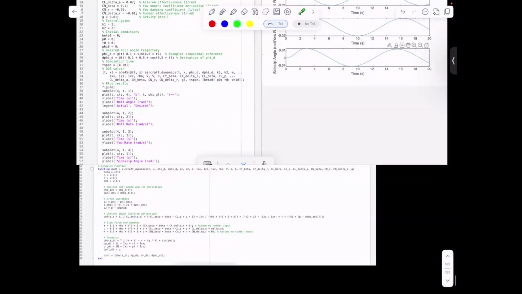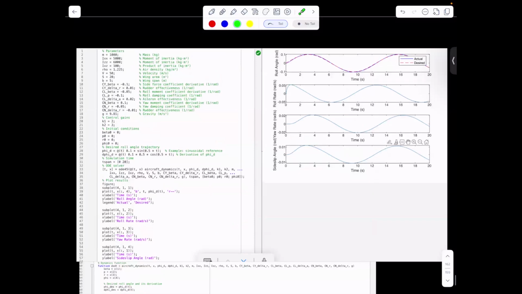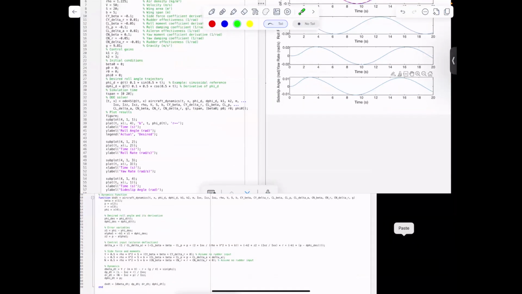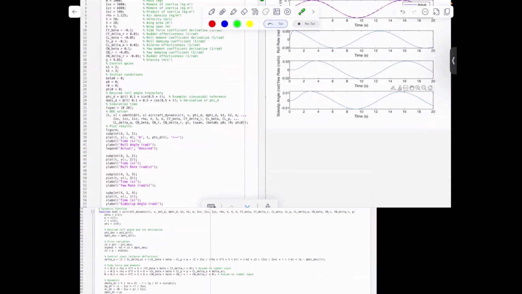So this is how we can design the backstepping control for this system. But this is continuous code. Don't worry, since it is difficult to capture in one window, I have taken it differently. If you want to write this code in your MATLAB window, you can use it continuously.